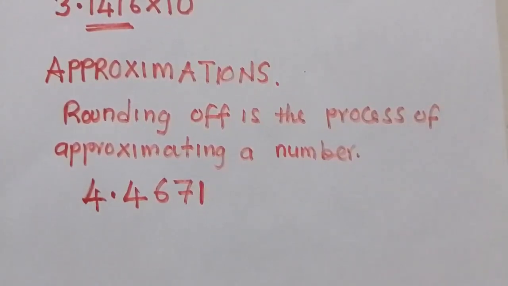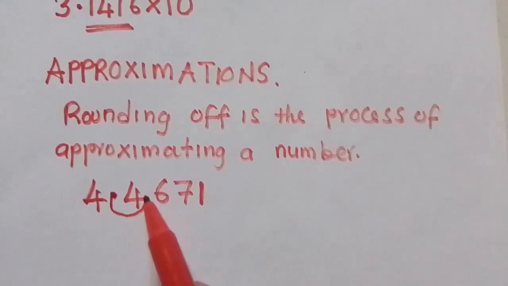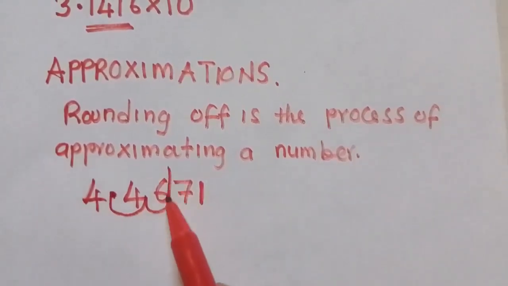If you are told to express to two decimal places, you start from the decimal point here. You move 2 steps. 1, 2. So here you are going to end.